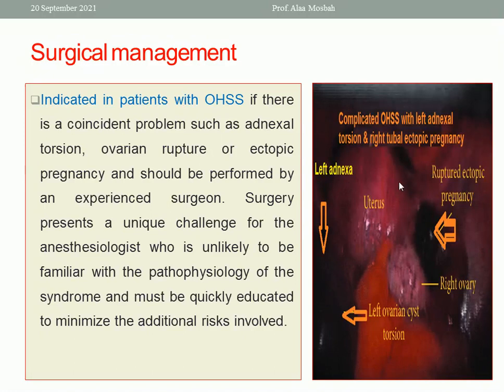Also, you may need surgery for ovarian cyst rupture and internal hemorrhage. And also, this is a very critical case, and they need an experienced gynecologist to do this surgery. Also, ectopic pregnancy is another indication for surgery. Anesthesia is very important in such cases, and the anesthetist should be experienced about the pathophysiology of ovarian hyperstimulation syndrome.